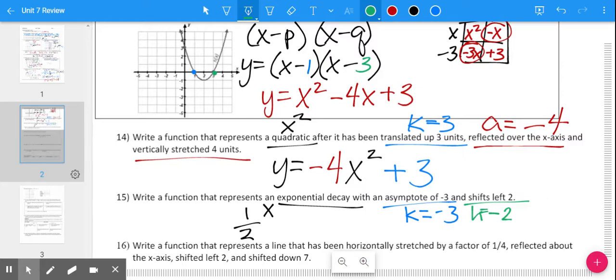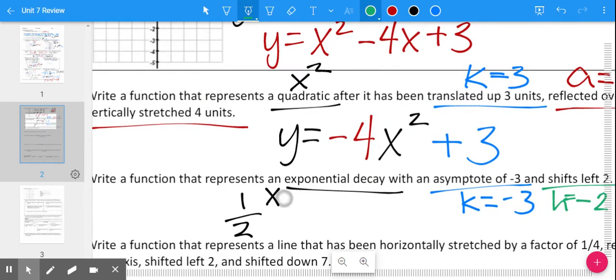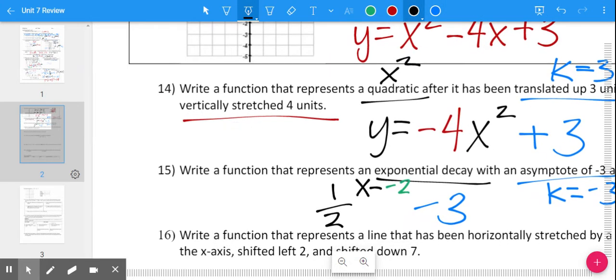So when we write it, we have half to the x minus h. So x minus h, which is negative 2, and then plus k, which is minus 3. So if we wanted to write this a little bit prettier, we have y equals half to the x plus 2, minus 3.